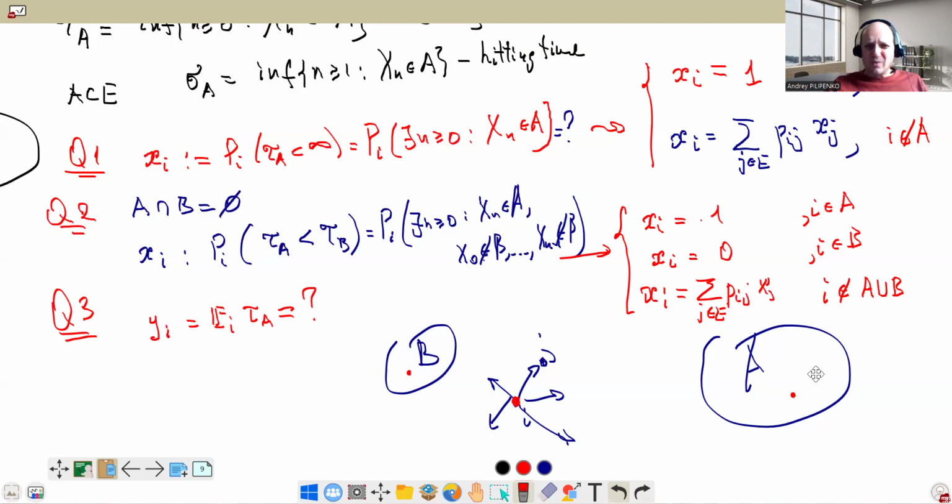One small remark: if point i does not communicate with A, so this means that you cannot reach A with positive probability, so no way, then certainly xi is 0. So you may know certain probabilities from the very beginning.